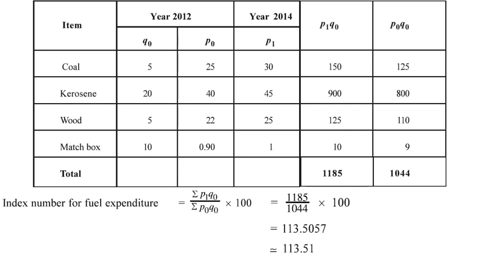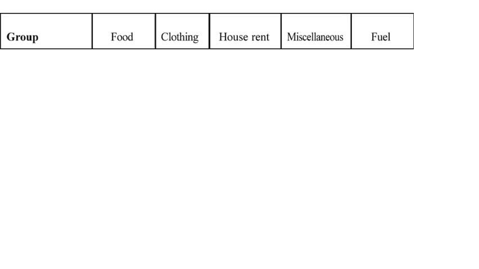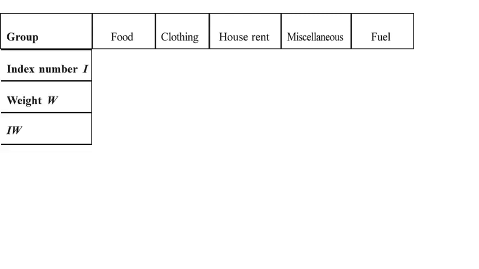Once you get this particular index number, you will move forward with the question given in the paragraph below. For that, start with the groups food, clothing, house rent, miscellaneous and fuel. As you can see, the four groups given in the paragraph plus the group fuel, for which we calculated the index number in the previous sum. We have to write down the index number.